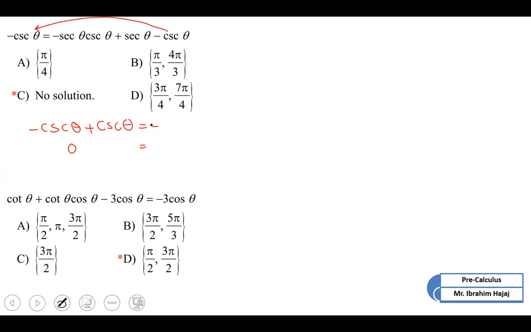On the right-hand side we take negative secant theta as a common factor, leaving cosecant theta minus 1. So 0 is equal to negative secant theta times cosecant theta minus 1.